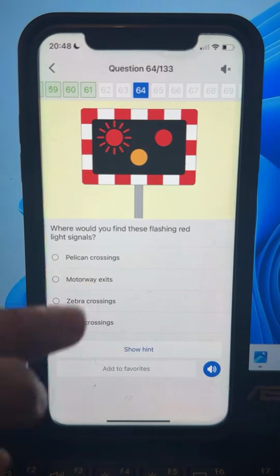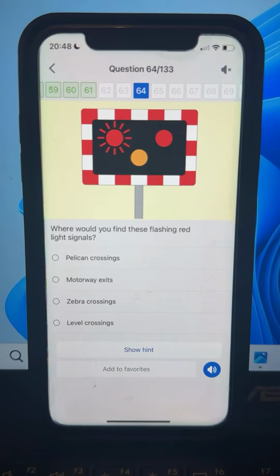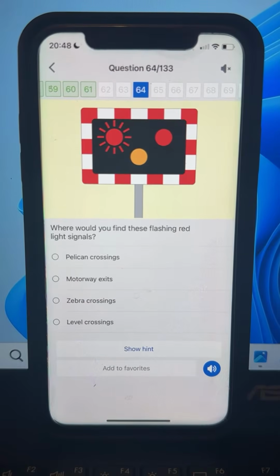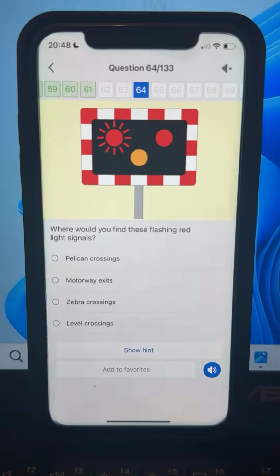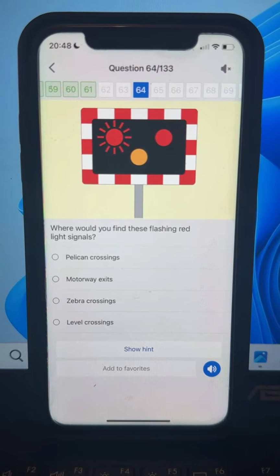Now, where will you find these flashing red light signals?